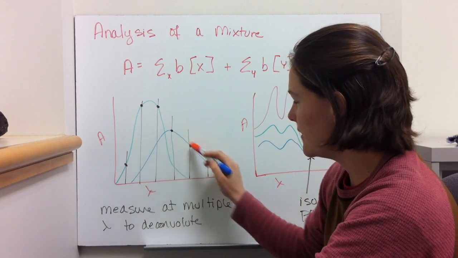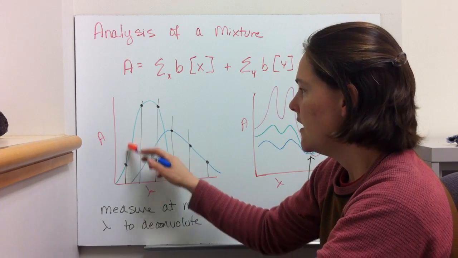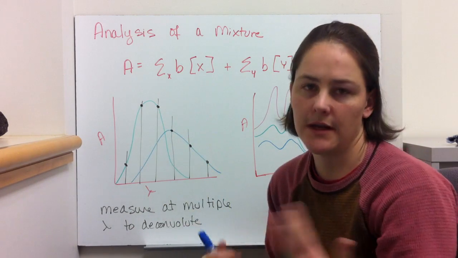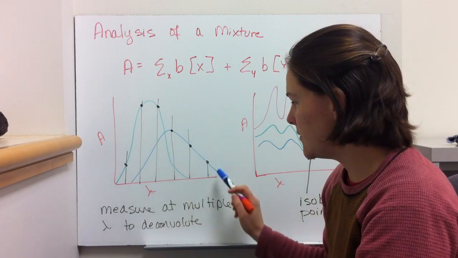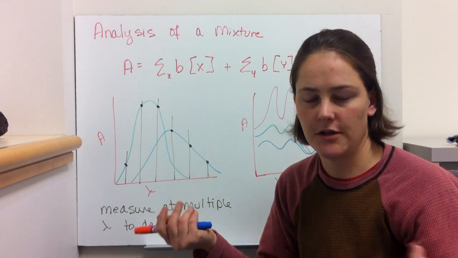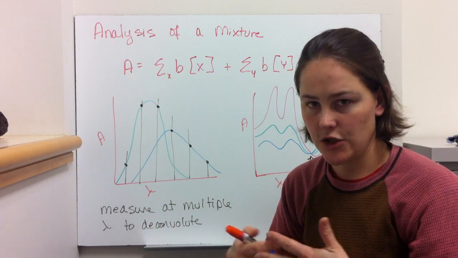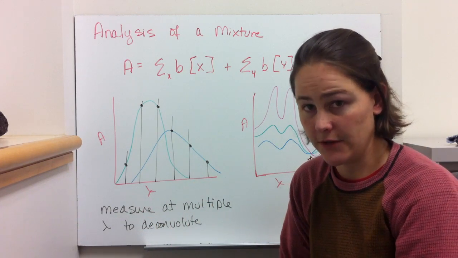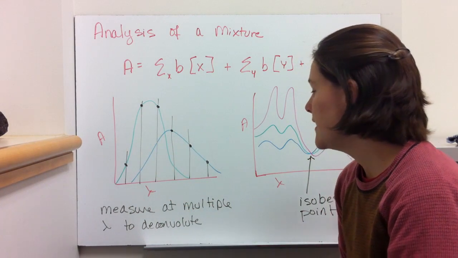The blue and the teal curves are just the two analytes that are mixed in solution. If you measure the absorbance at a bunch of different points for each of the analytes in solution, as well as the mixture, then you would be able to deconvolute that and quantify how much of each species is in the mixture.